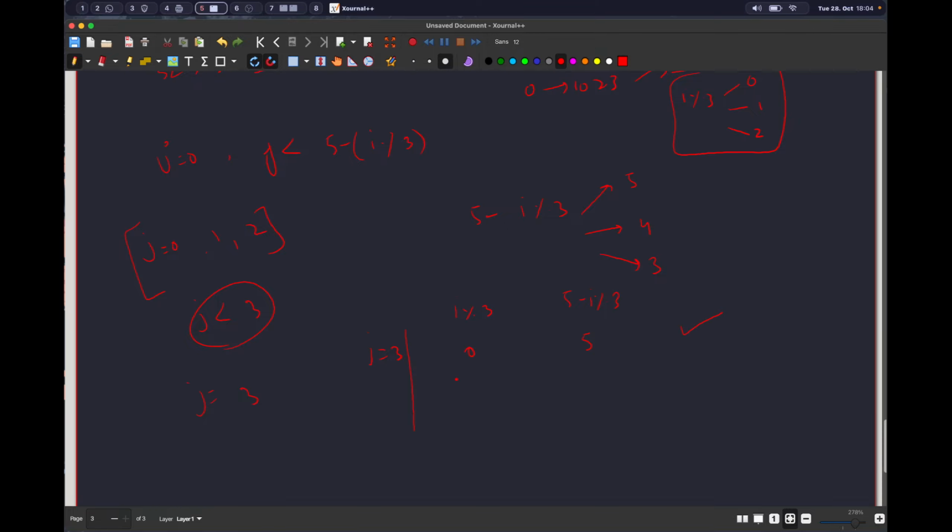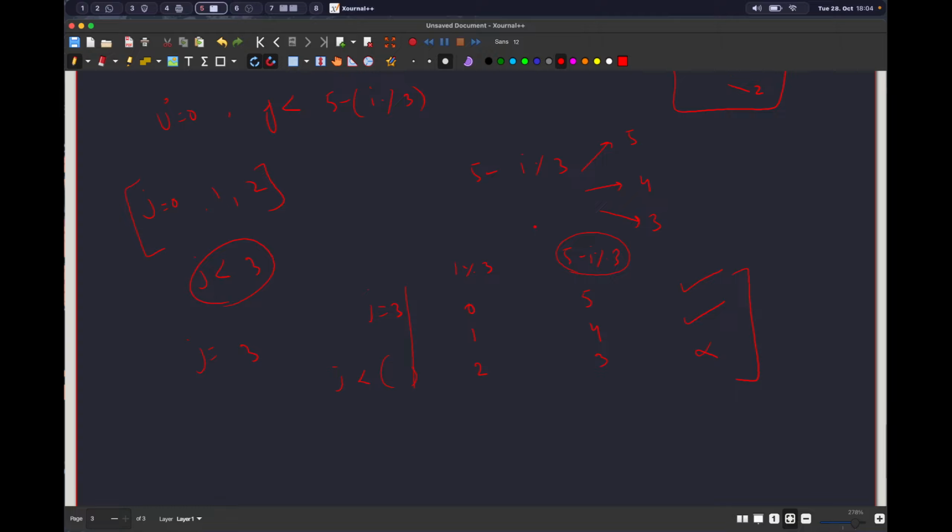It will run. Those threads will run. If i percent 3 is 1, 5 minus 1 is 4. Again, this will run. If it is 2, it will invalidate the condition, which was j less than 5 minus i percent 3. So in iteration 4, where j equals 3, some of the threads will not run.